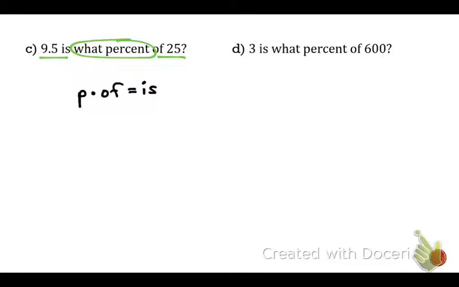For of, you'll plug in 25. And then for is, you'll plug in 9.5. And then the percent is blank. Okay, the percent is blank, so we're just going to keep it there as a P. How do I get P by itself? What's not allowing the P to be alone? Good job. We're going to divide by 25 on both sides.